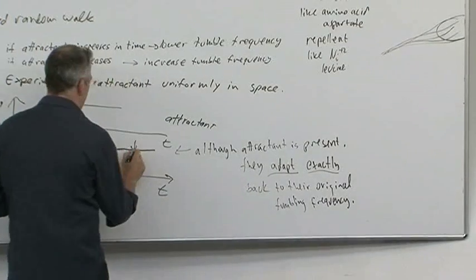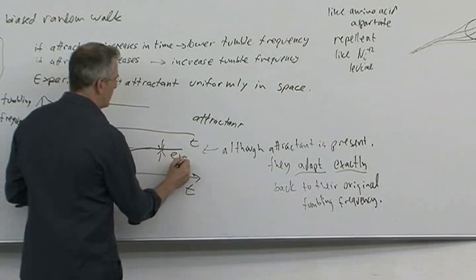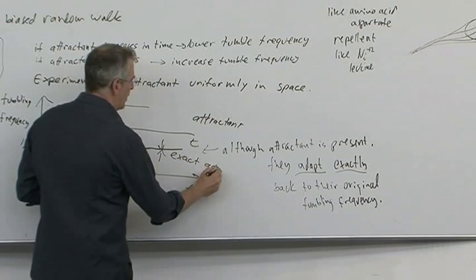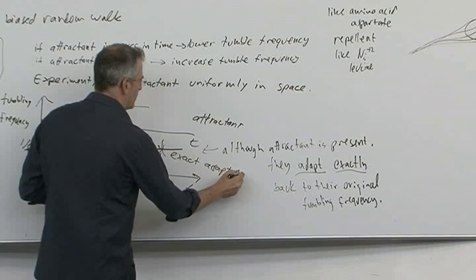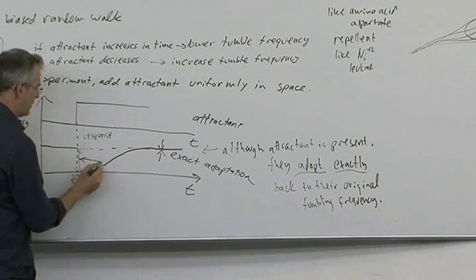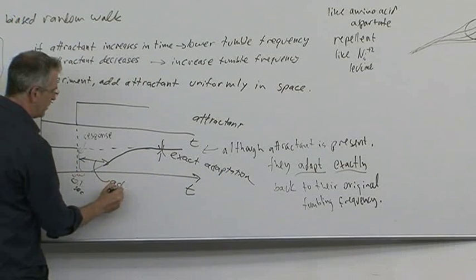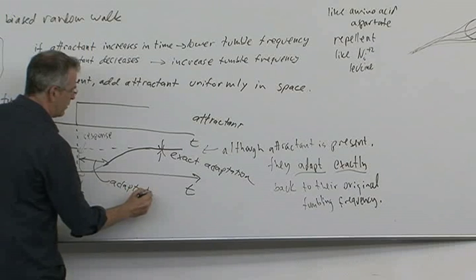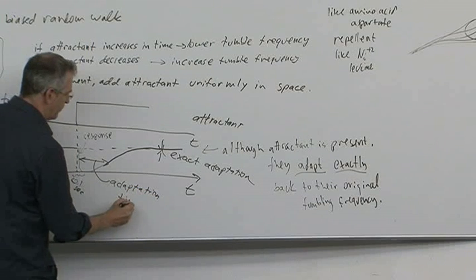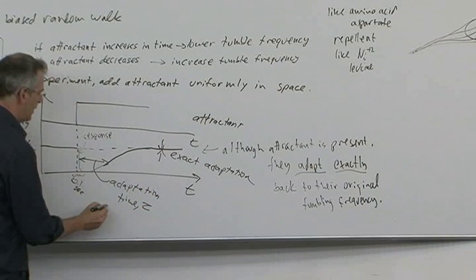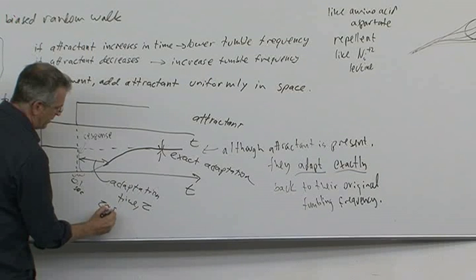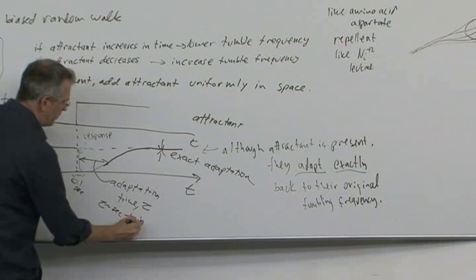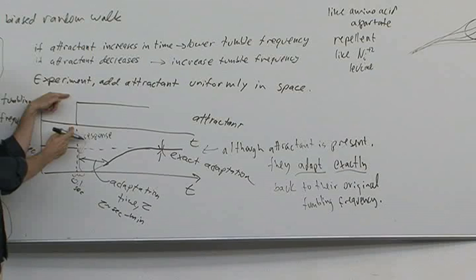This property is called exact adaptation. The time it takes you to adapt is called the adaptation time, tau. And tau can be between seconds to minutes, depending on the size of this attractant step.